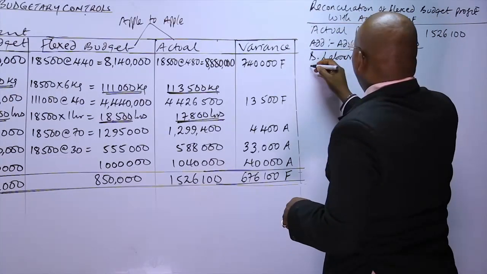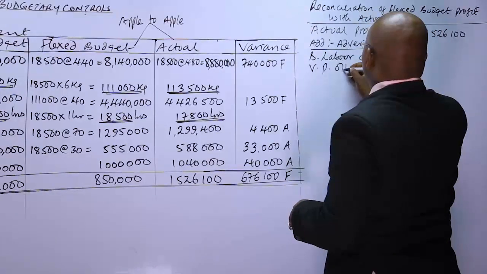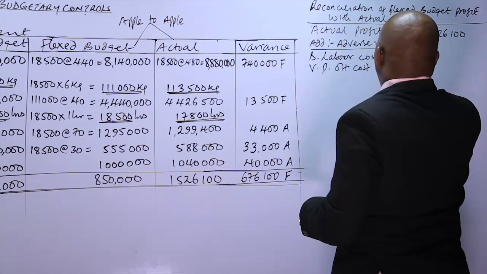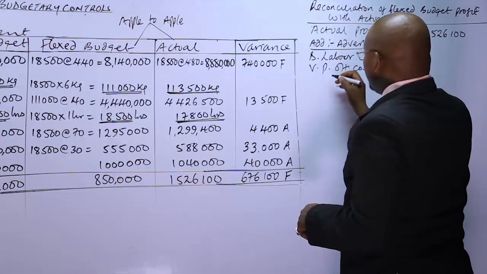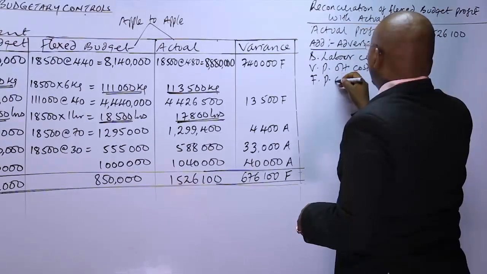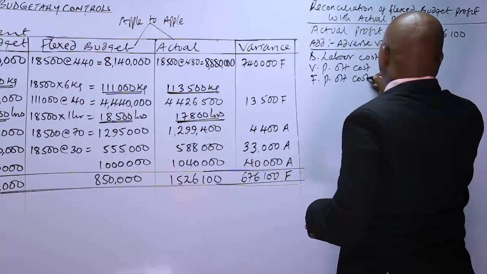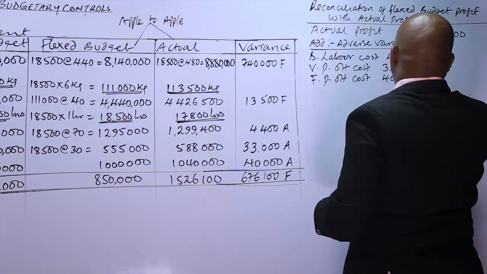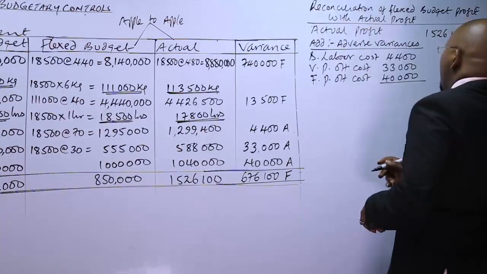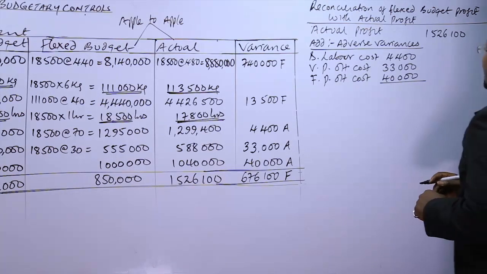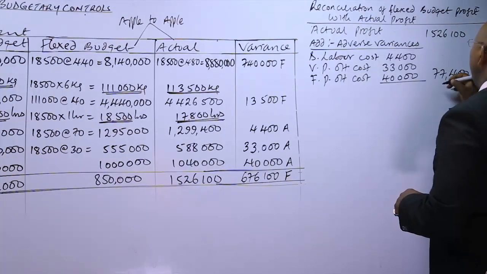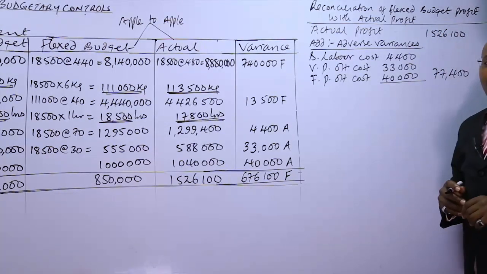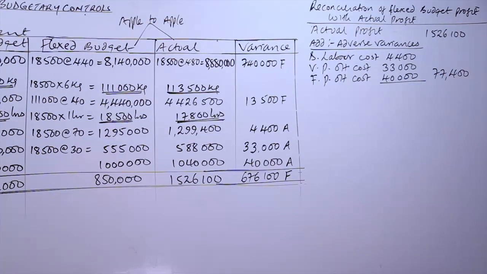You add the variable production overhead cost, which is 33,000, and you do have the fixed production overhead cost, which is 40,000. Now this, when you add, they are giving us 77,400. So were it not for this 77,400, we would have made more money.